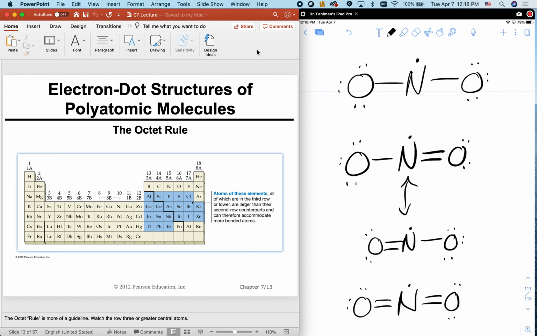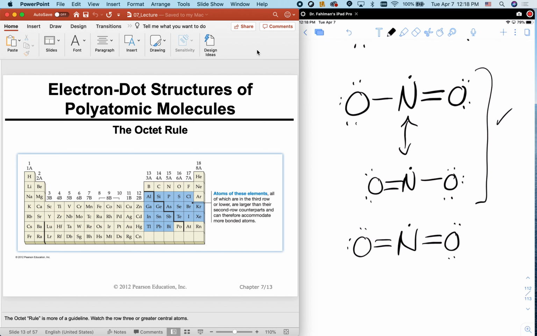We have octets for each of the oxygens in this case. Nitrogen doesn't, but there's going to have to be an exception because of the odd number. So this is a possibility. These two are also possibilities.